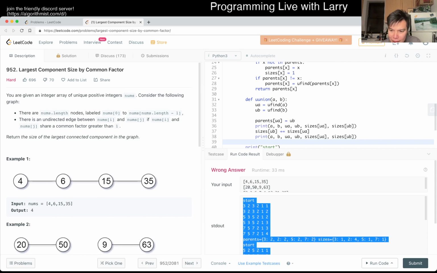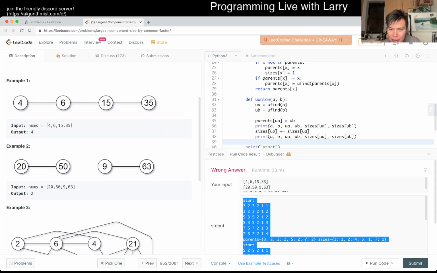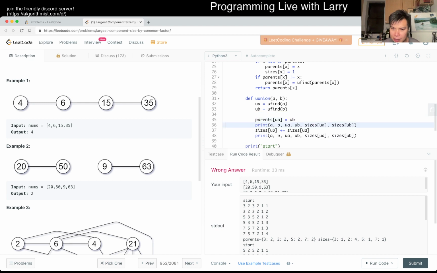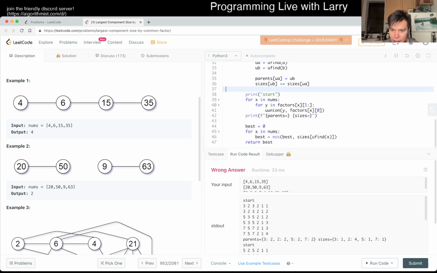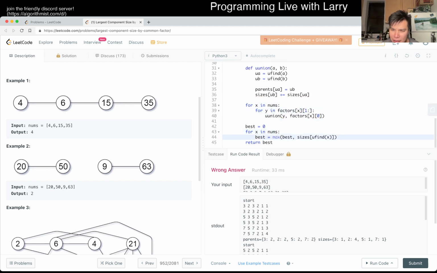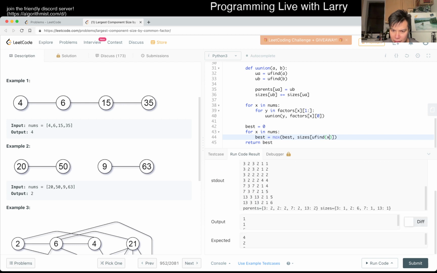I am blind. I think I just glanced over it. Oops. So sizes is right, but maybe I just did this part wrong? For x's and nums, sizes of u find of x should be right. Why is that returning me 1?